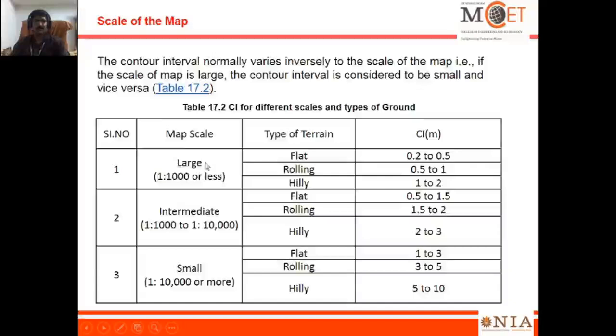For the large scale map, if it is a flat terrain, the contour interval will be 0.2 to 0.5. For the small scale map, on the same flat terrain, it is a 1 to 3 meter interval. Right? So these differences you have to remember, or you have to understand.